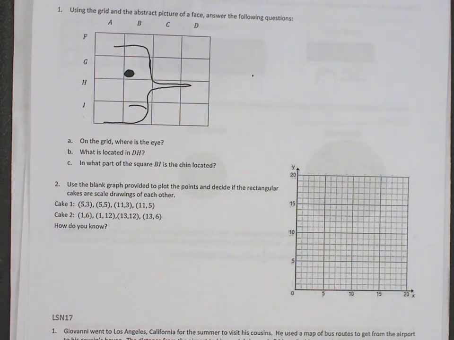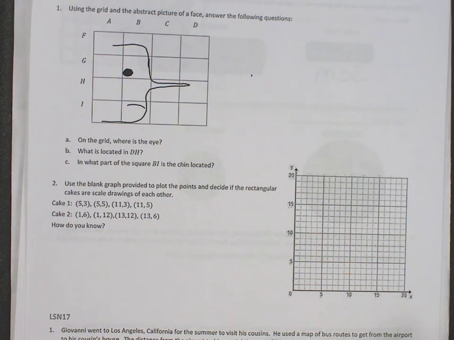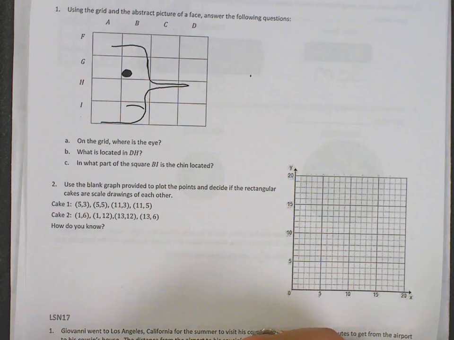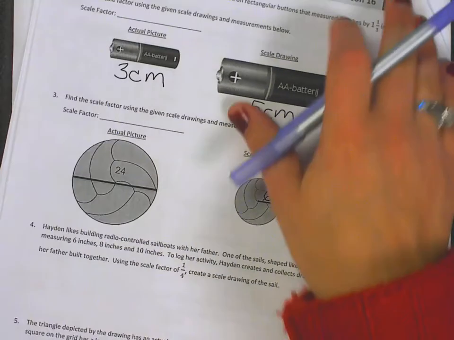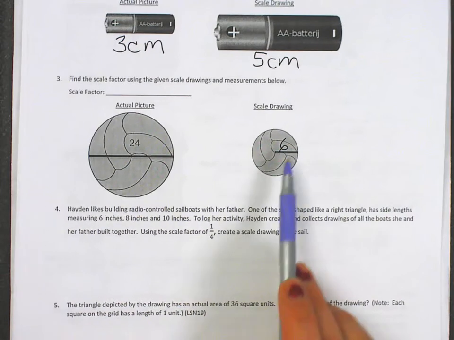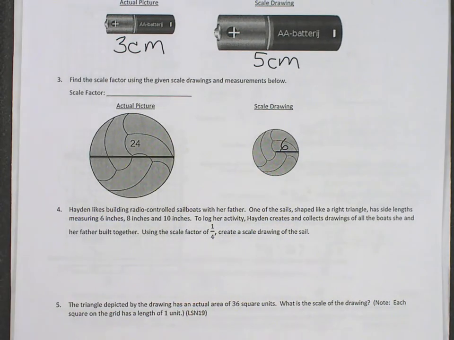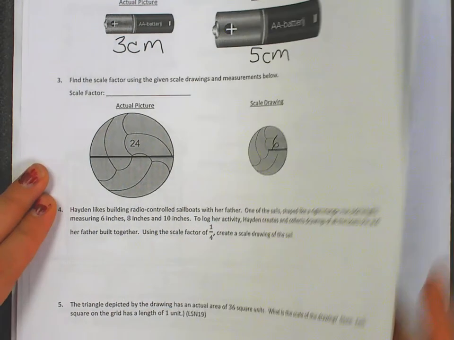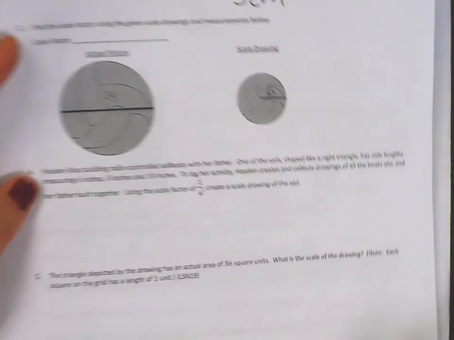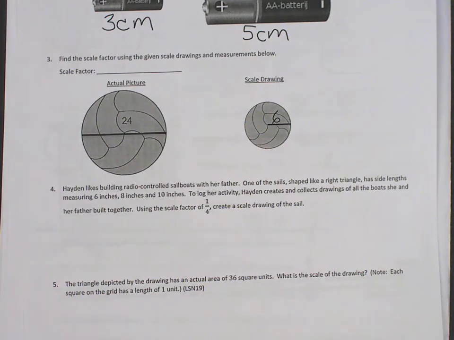You're going to have to do some new divided by old to get some scale factor stuff done. You should be using a calculator because it makes your life so much easier. Hopefully you're remembering things like radius and diameter, some geometry stuff. And the last one ended up on the next page, but the picture you need for number 5 is on the next page. Okay, do it to it.